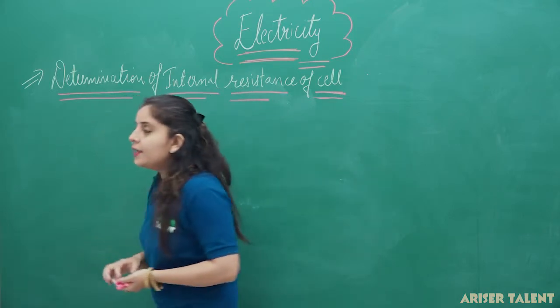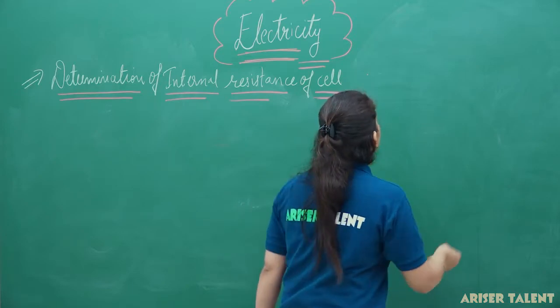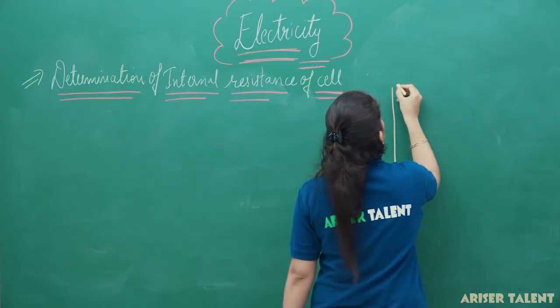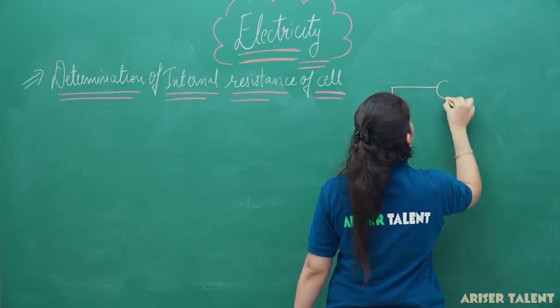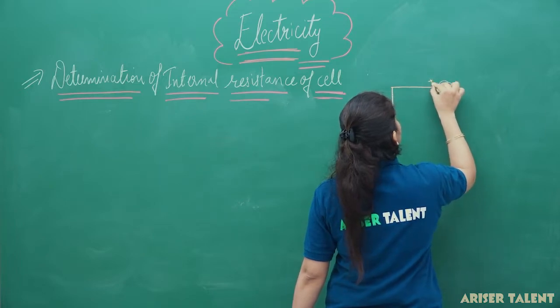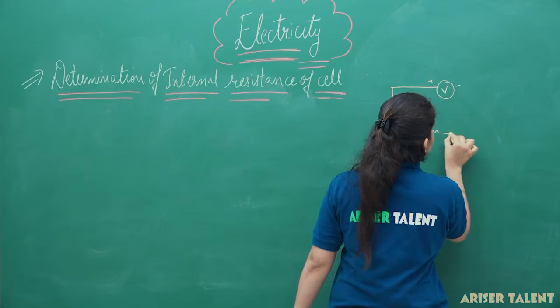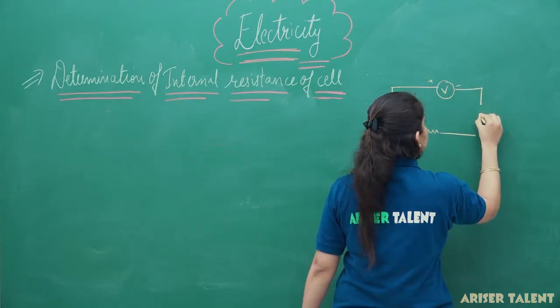Now, for determining the internal resistance of the cell, we are just drawing a circuit in which a resistance is attached to a voltmeter. Here I am using the voltmeter, and you can see that one resistance is connected across the circuit, and here I am connecting the key, that is K2.